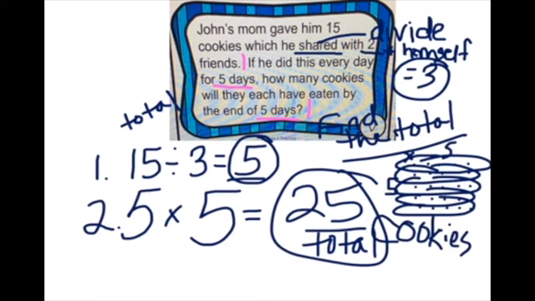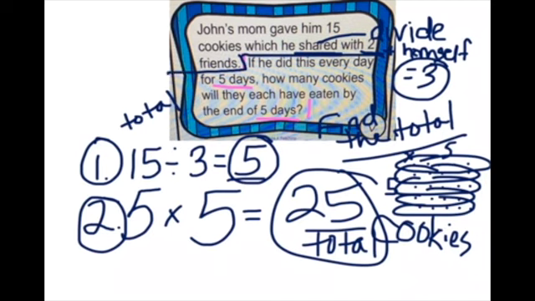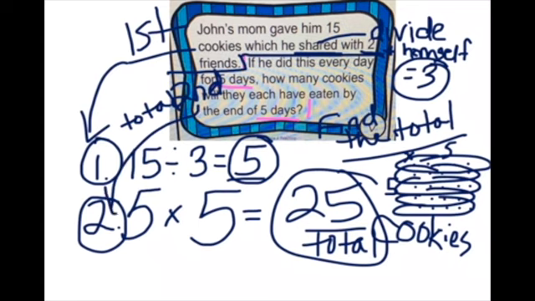So see how I'm doing step 1 separate, and then step 2 separate. It really helps to maybe cut your problem, or your story problem, in half. So this is the first sentence. We figured that out with step 1. And then the second part of the problem, which was the second sentence in this case, was step 2.